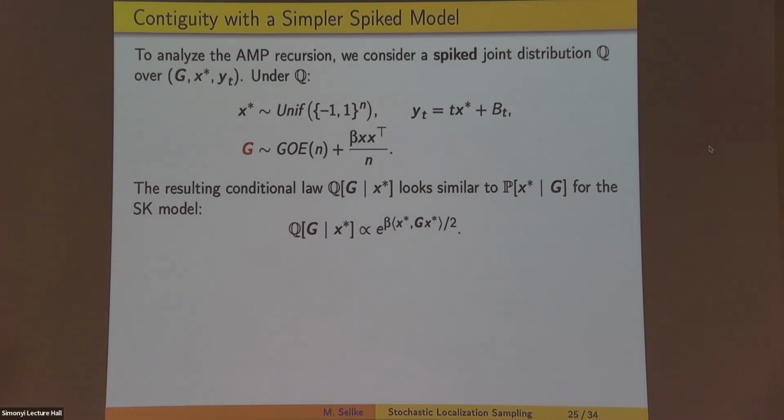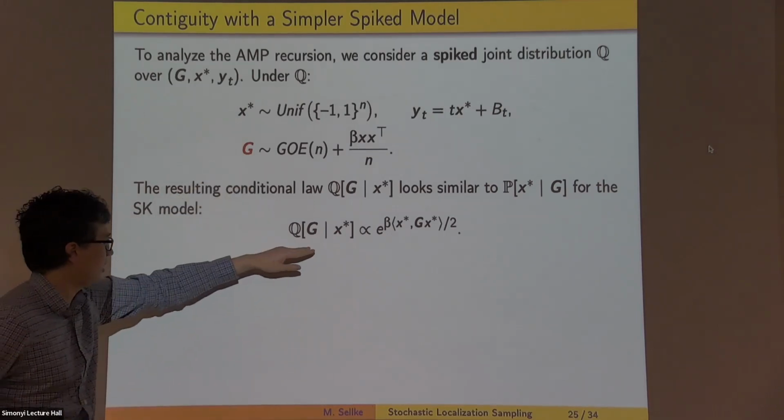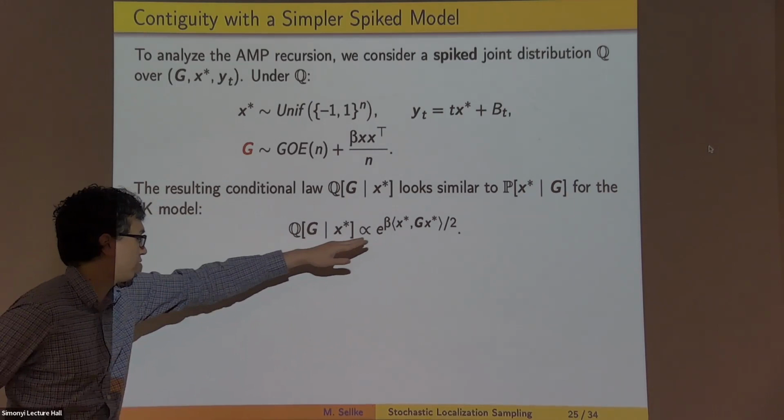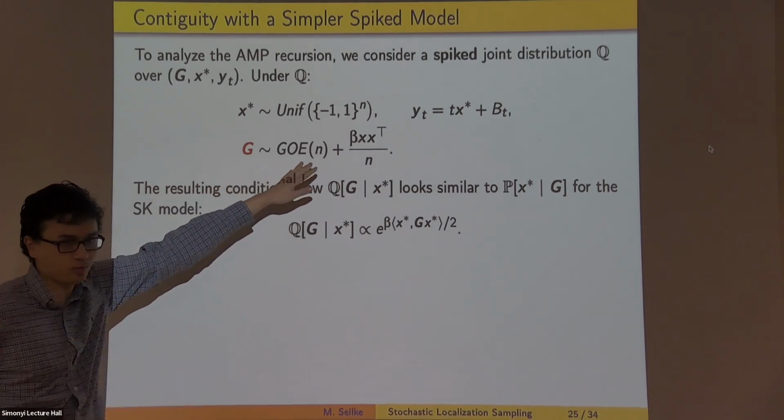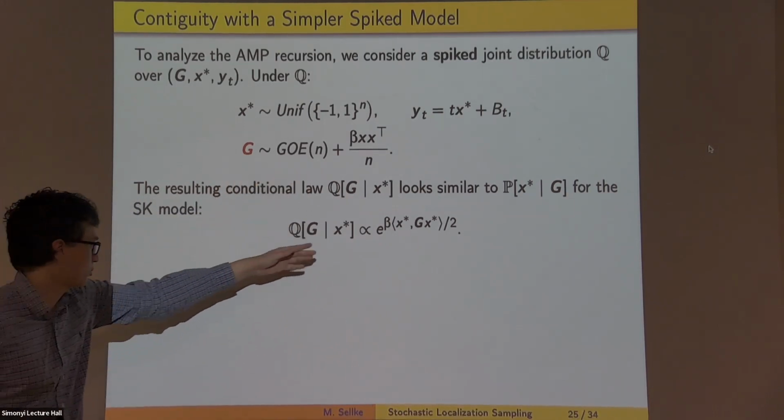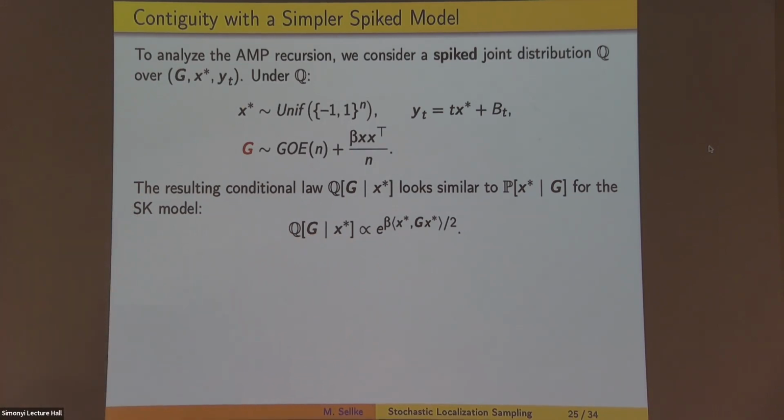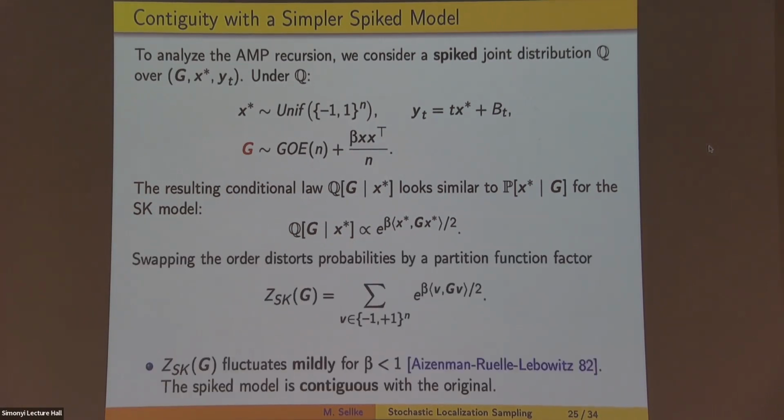And it has a couple nice properties, namely if G is sampled this way given X star, it has a very simple spiked distribution. You're just shifting the distribution of G. So this makes things very explicit, and it turns out to not change the distribution too much. There's some kind of contiguity statement. And this means that you can do your analysis on one side and then say anything you can prove also holds on the other side.